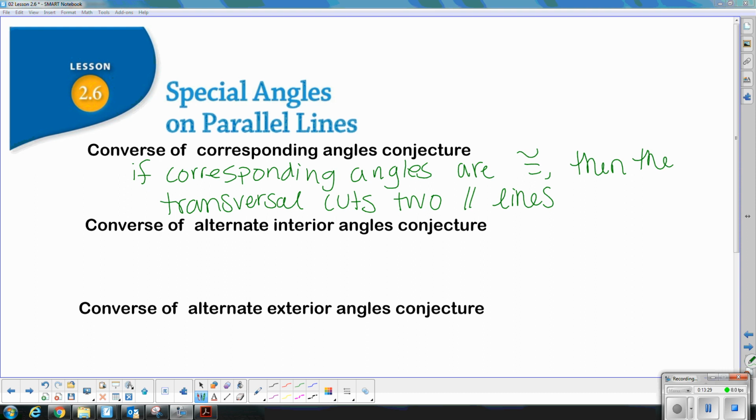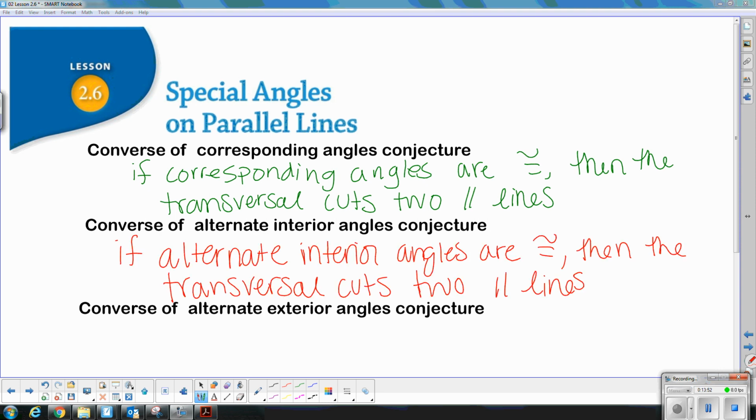Now the converse of the alternate interior angles conjecture. First, the conjecture is if two parallel lines are cut by a transversal, then the alternate interior angles are congruent. So the converse: if the alternate interior angles are congruent, then the transversal cuts two parallel lines. And then the last one, the converse of the alternate exterior angles conjecture.